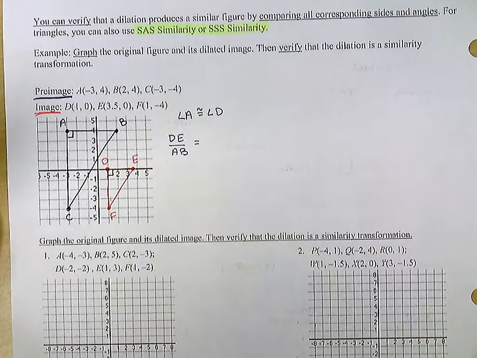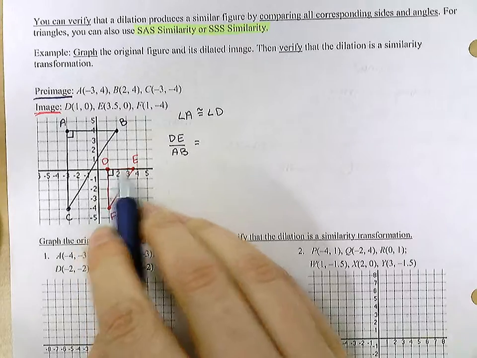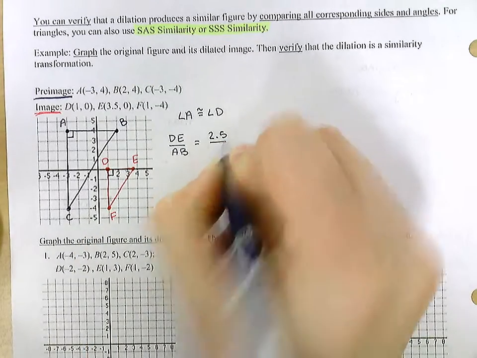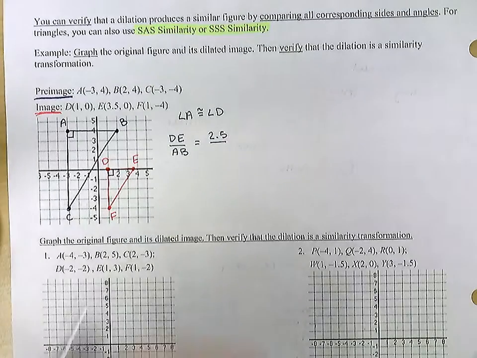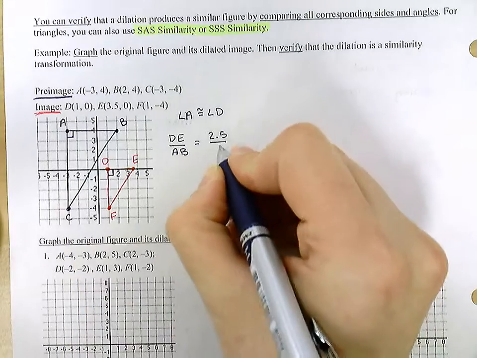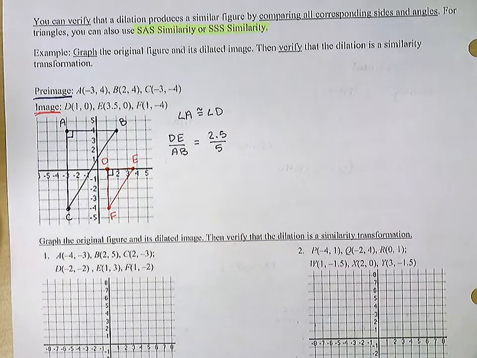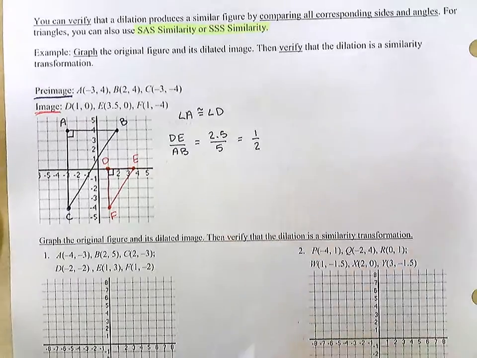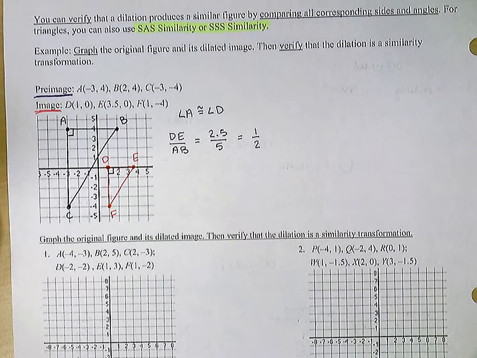Well, the length of DE would be 2.5 over AB's length, which is 1, 2, 3, 4, 5. What do you know about 2.5 and 5? You can reduce it to 1/2. So 2.5 is half of 5.